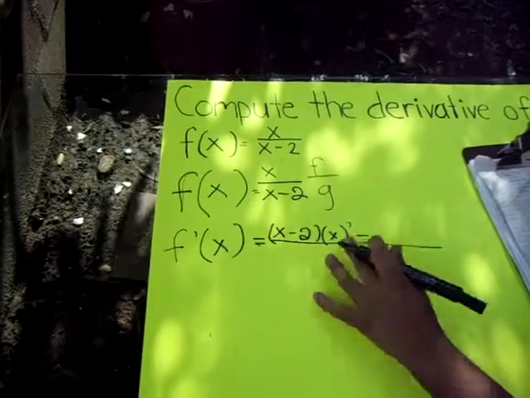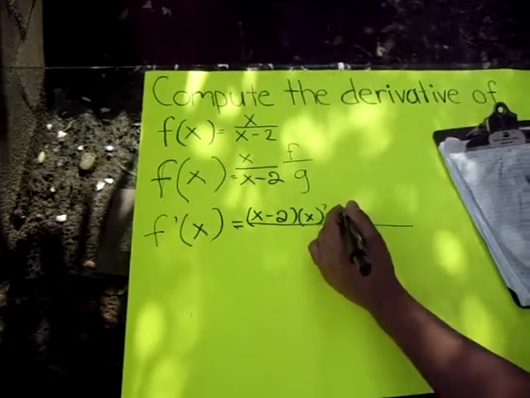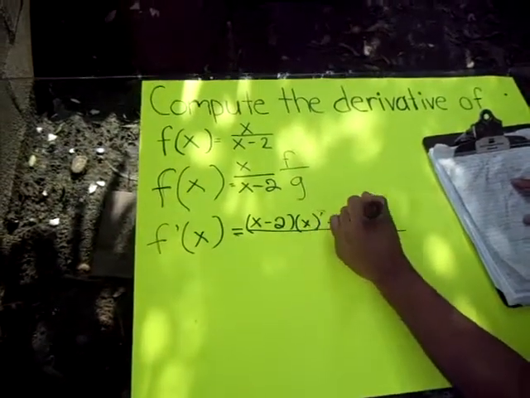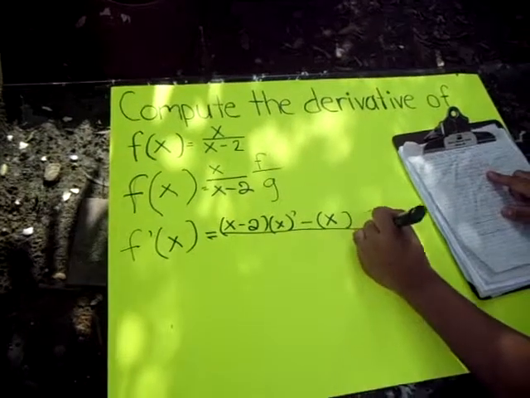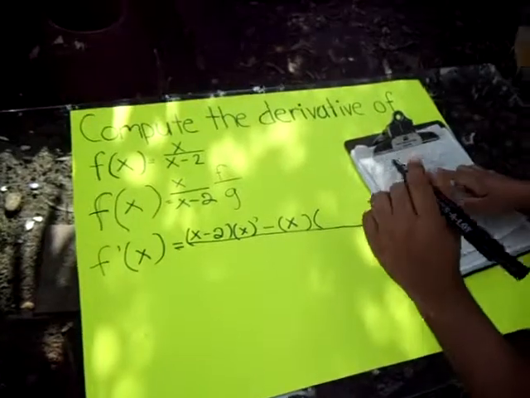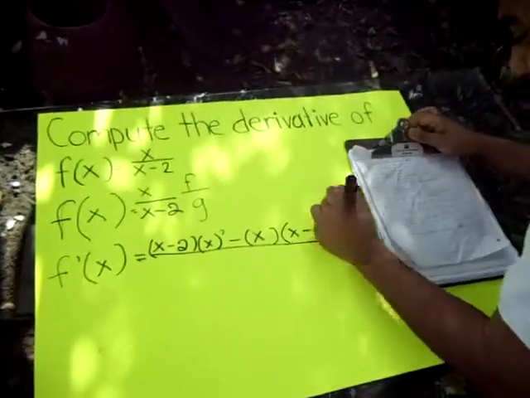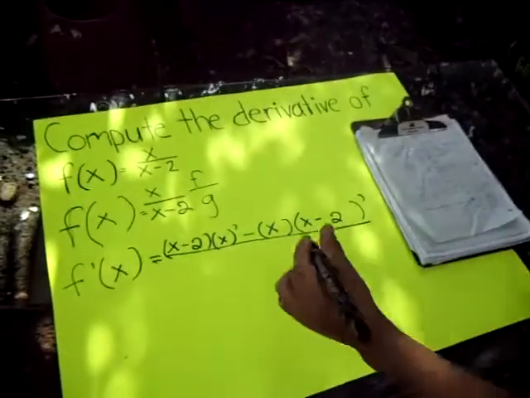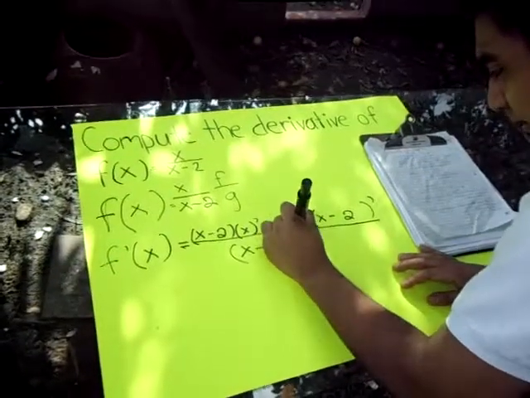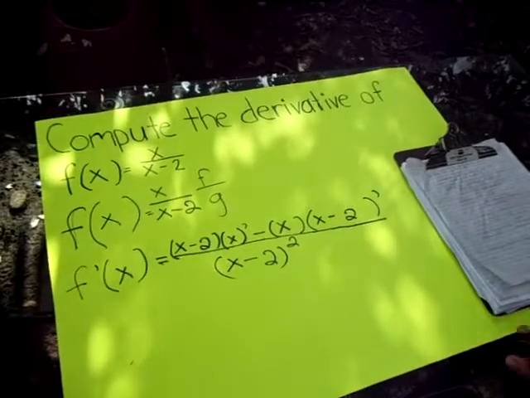The derivative of x. I forgot that. It was on purpose, just to make sure you guys remember that. Now, the top, which is x, times the derivative of the bottom, which is x minus 2, over the bottom. Like that.